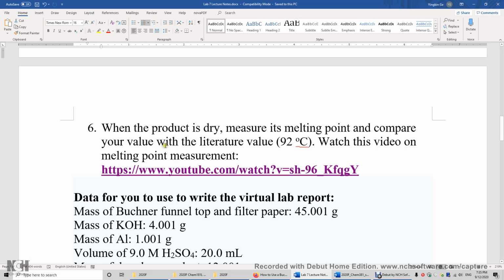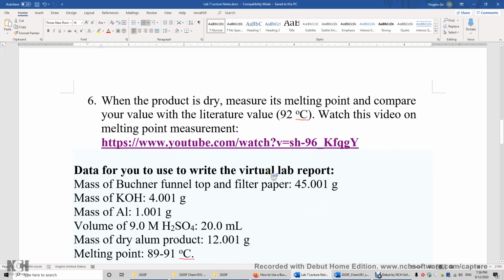If your melting point is close to 92 degrees Celsius, the product is pure. If your number is much lower than 92, your product may not be pure. Watch this video on the measurement of melting point.